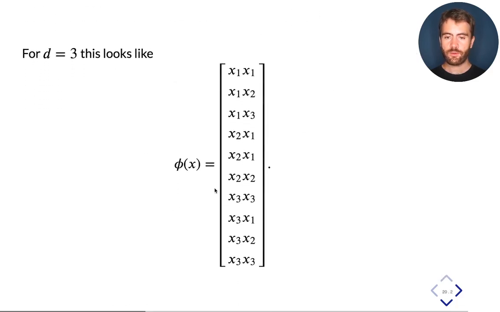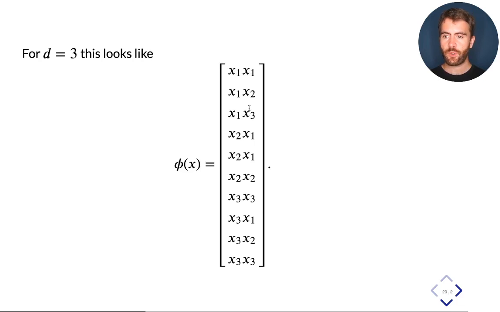We can look at an example to make it a little bit clearer. If d equals 3, then my vector of features looks like this. I have 3 squared, so 9 elements of this vector, and the elements are all the products, x2 times x1, x3 times x1, x1 times x2, x1 times x1.